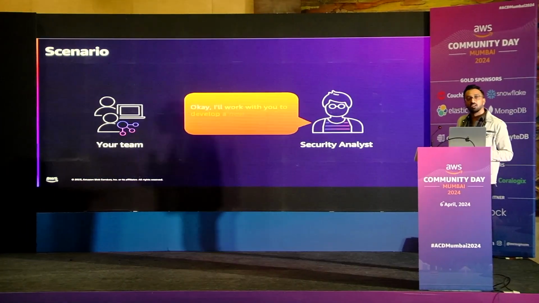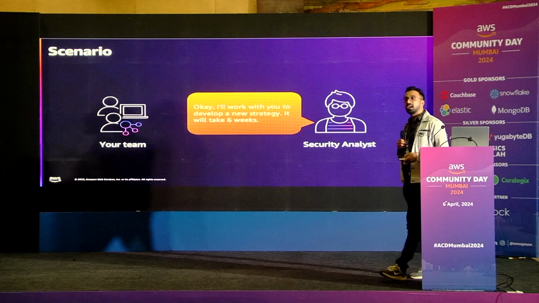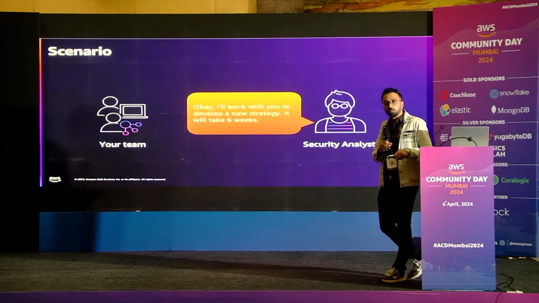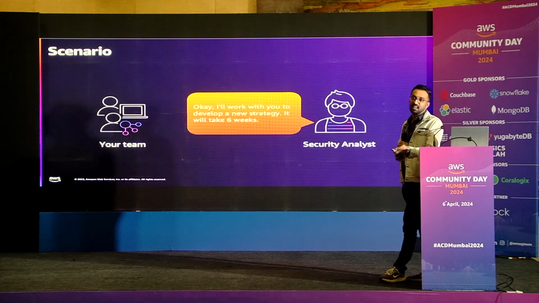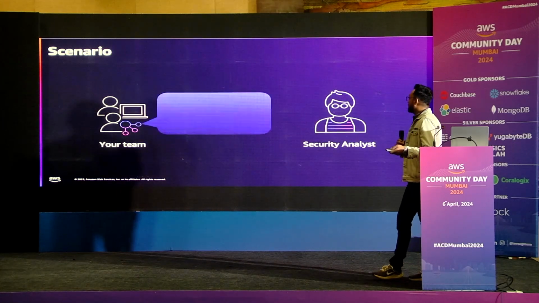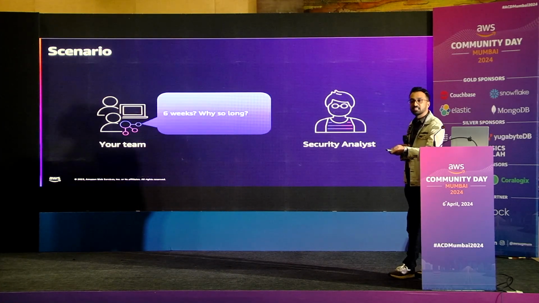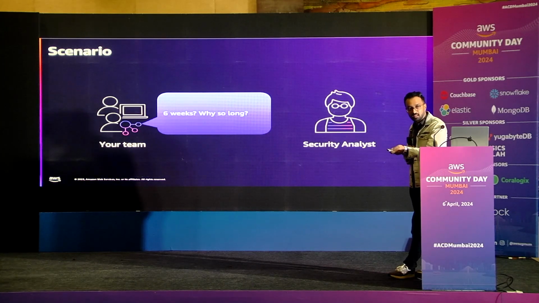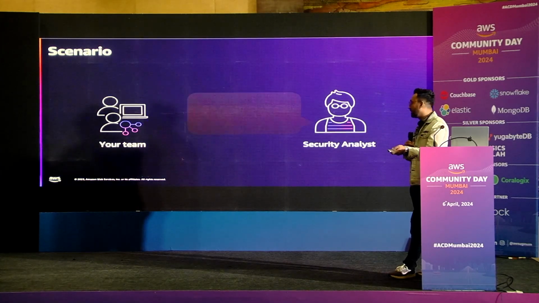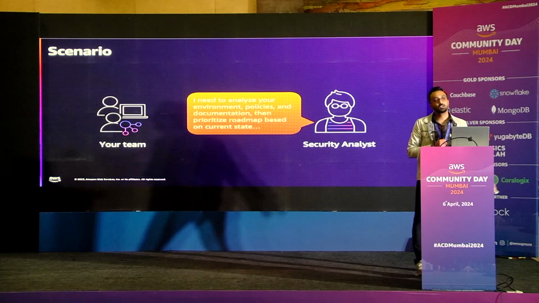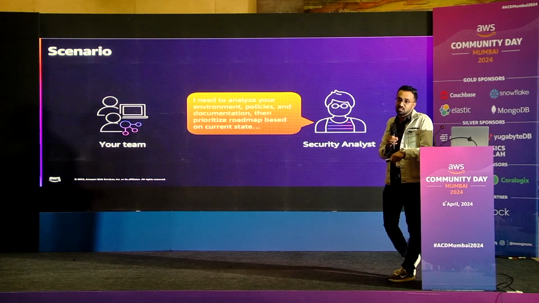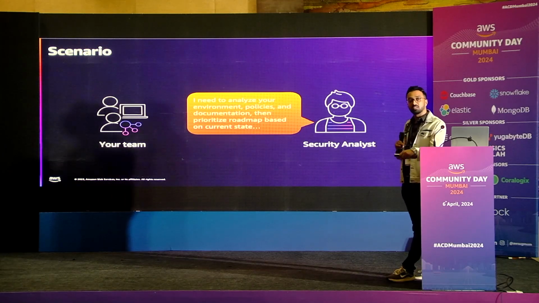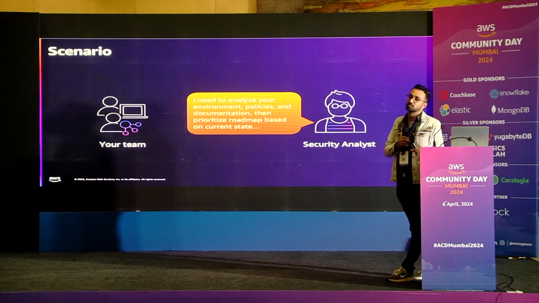So then your team is going to come and tell you, hey guys, can you tell me how do I improve the cloud security? And you will say, time lagega boss, I'll take time, right? We are not virtual agents. So your team is asking, 6 weeks, that's so long. So Shashank will answer, I need to go through your company security policies, your frameworks, standards, controls, tools, your cloud estate, how big it is, the roadmap, and so on.